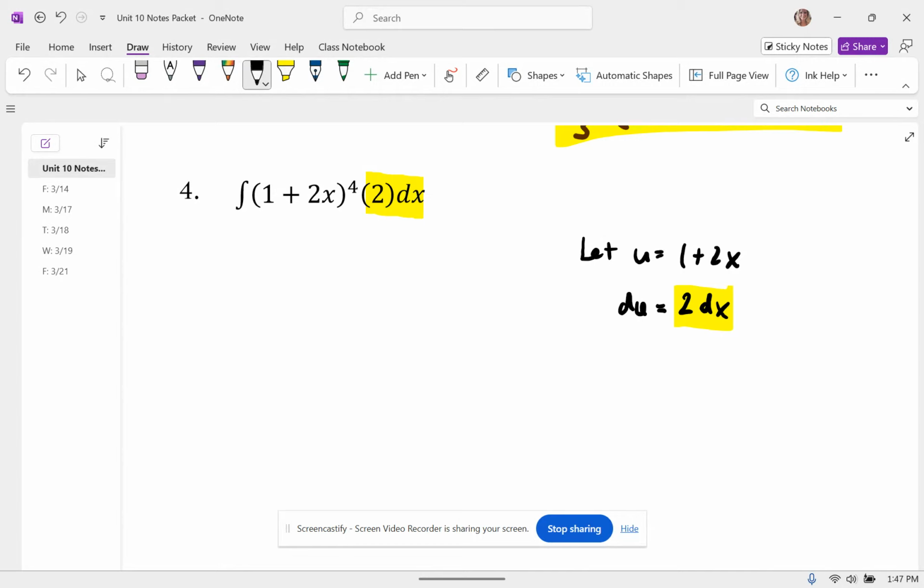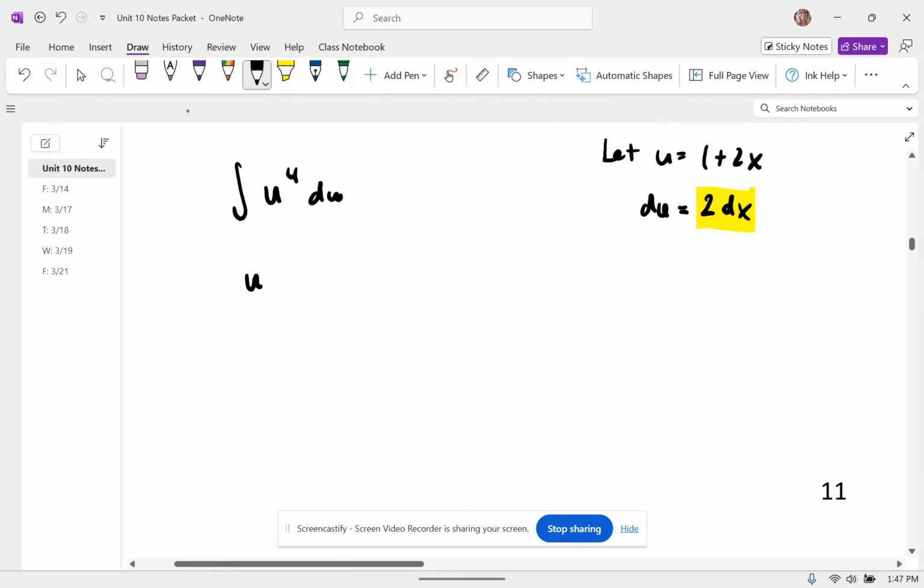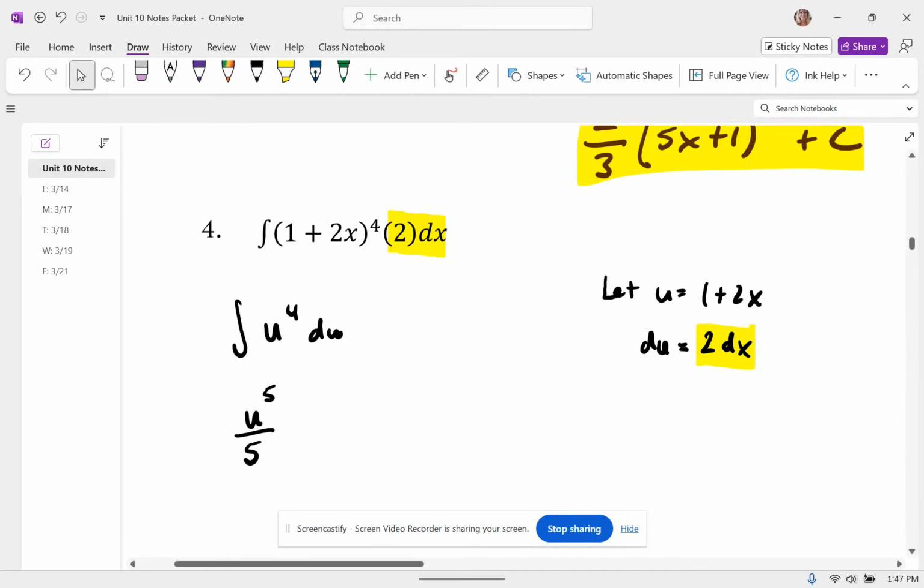All right, Chase, rewrite it in terms of u. U to the 4th du. Good job. And then St. John, integrate. So you add 1, and then you divide by 5. So u to the 5th over 5. And then who is left in the hot car that you must go save?